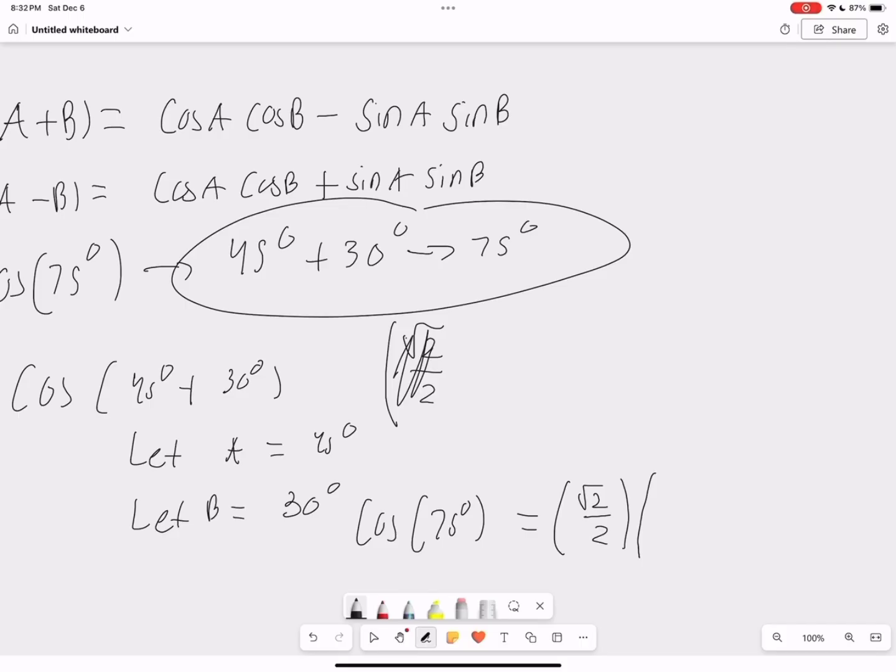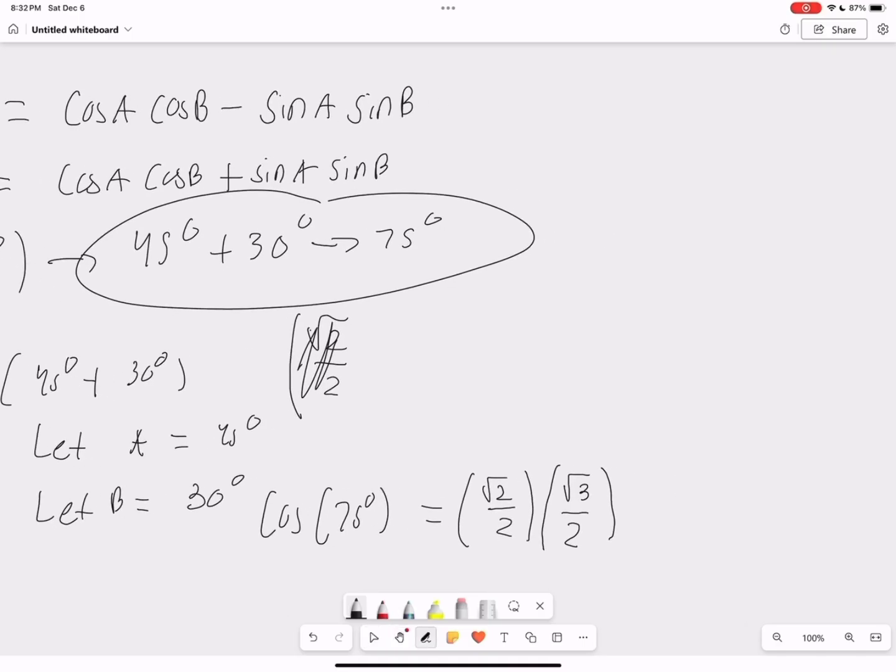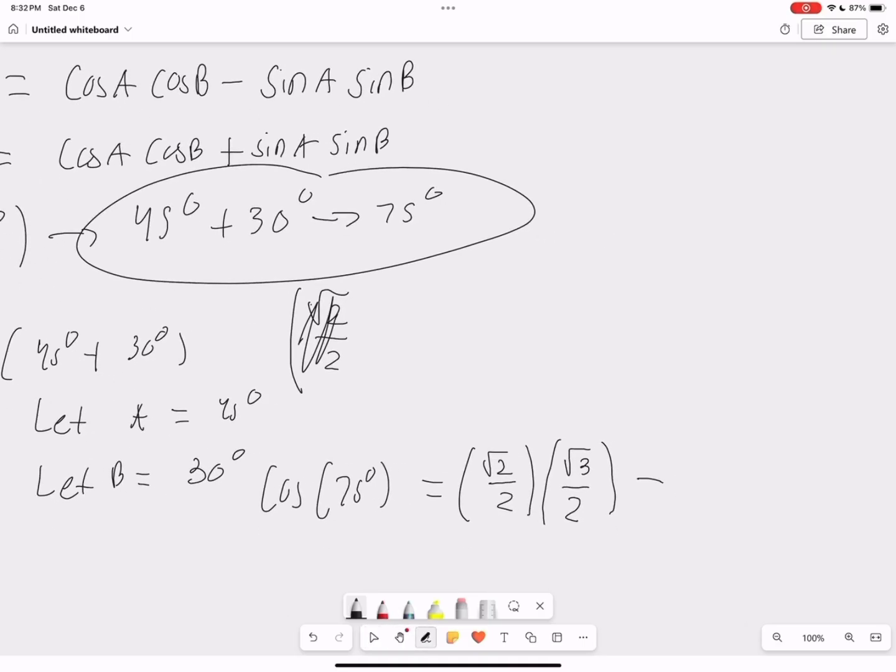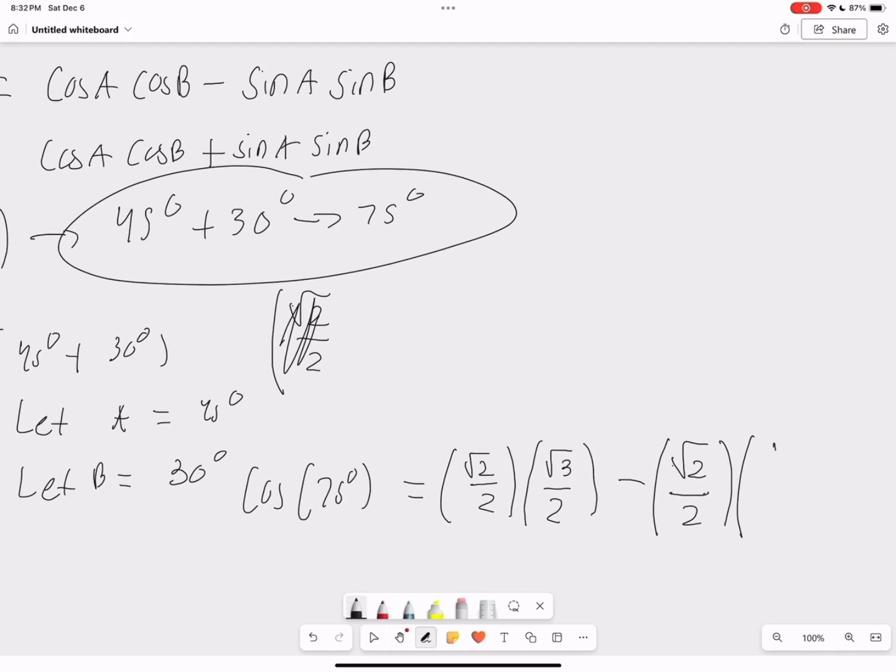Okay, and it says cosine of B. B is 30 degrees, and the cosine of 30 degrees is root 3 over 2. Minus sine of A. Sine of A is root 2 over 2, times sine of B, which is 1/2.